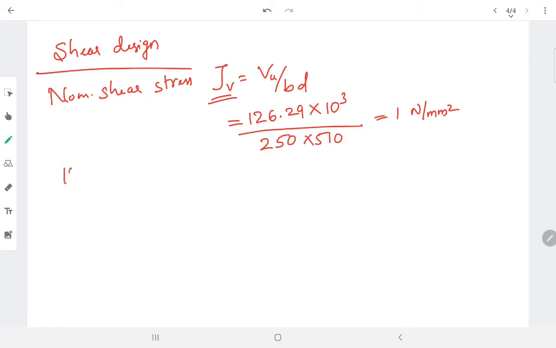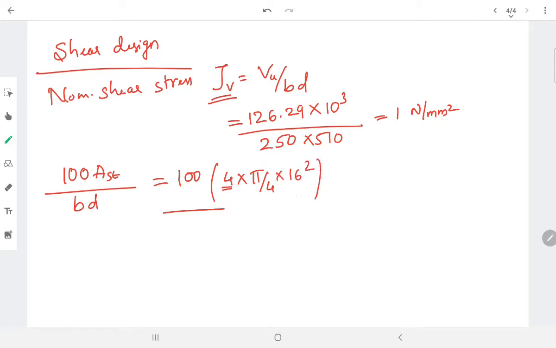So here to get this tau C, the area of reinforcement we need to calculate, that is 100 AST divided by BD. What is AST? That is the highest AST we have got near the mid span, 4 bars, that is 4 numbers of 16 mm pi. So it is AST divided by B into D of the beam, that is 0.63, and it is M20.